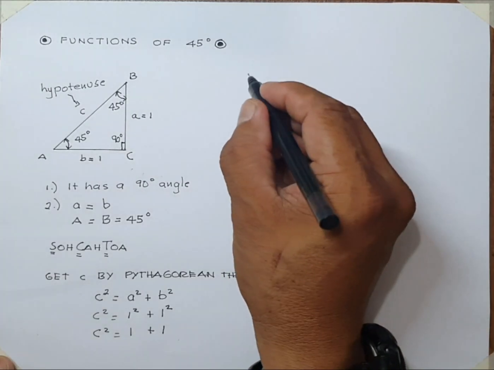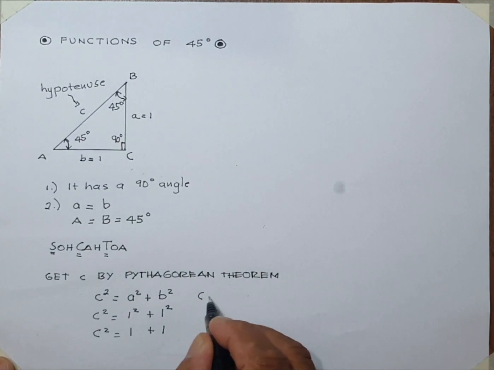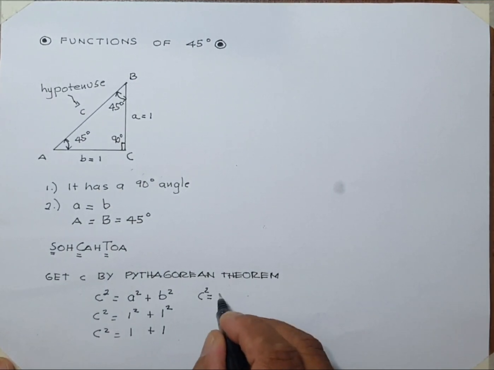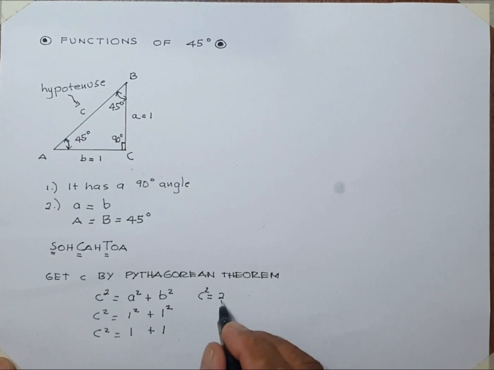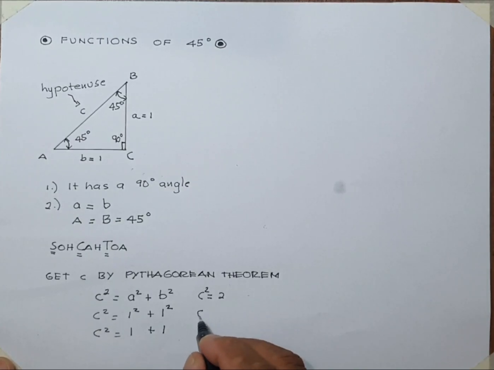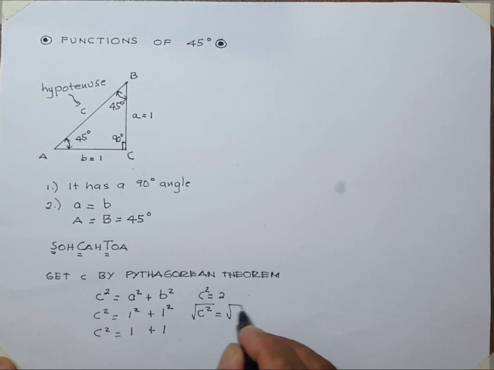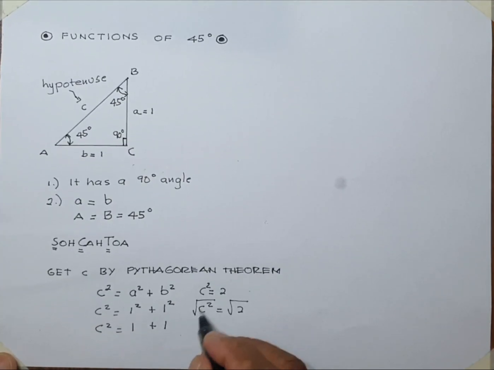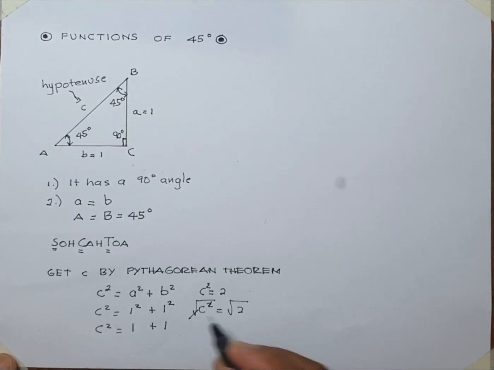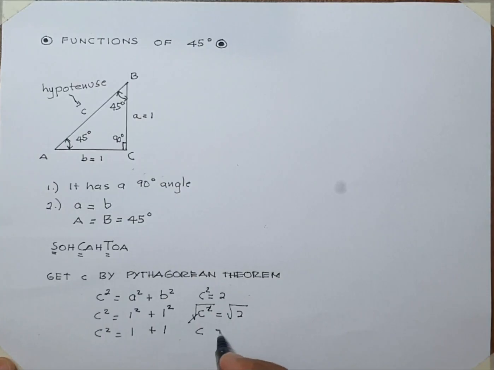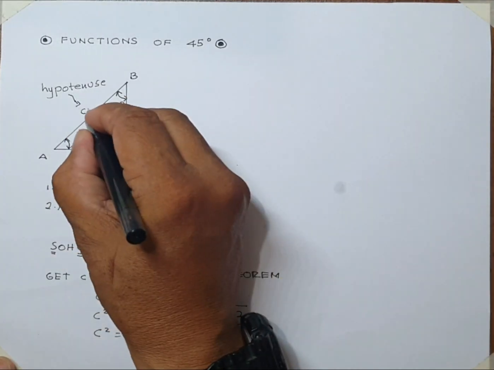So we'll get C squared is equal to 2. 1 plus 1, 2. Then we get the square root of both sides of the equation. So this cancels each other out, leaving only C, and C is equal to square root of 2.